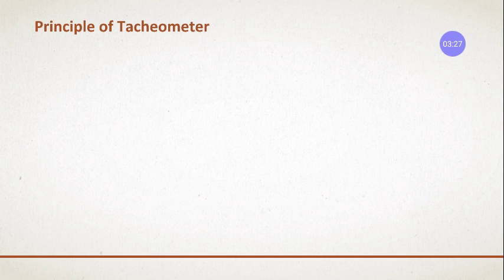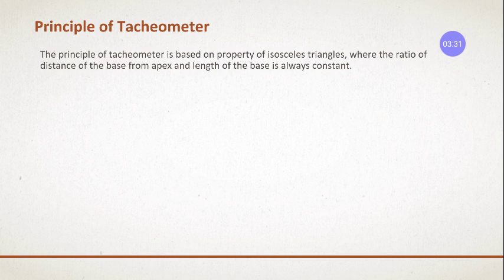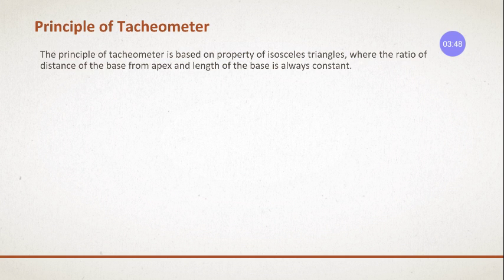We'll see what is the principle of tachymetry, right? The principle of tachymetry is based on isosceles triangles, where the ratio of the distance of the base from the apex and the length of the base is always constant. Right? What does it mean?